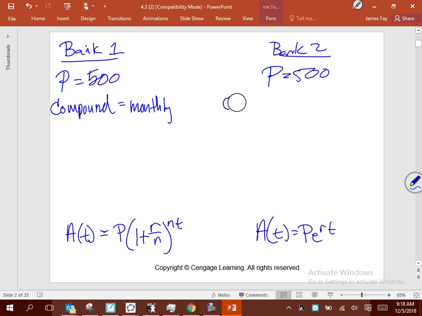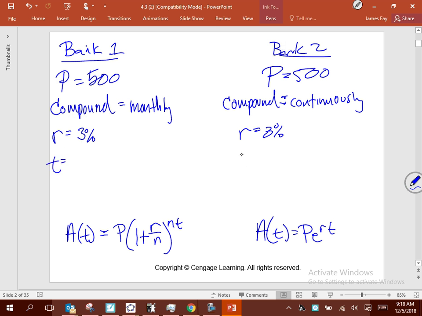Bank 2 can compound continuously. Now I still don't have enough information to see which one is best, because I'm also going to have interest rate information. So let's say my interest rate here is 3%, and the interest rate over here is 3%. It doesn't really matter the time, as long as you keep the time the same. Let's go 5 years.